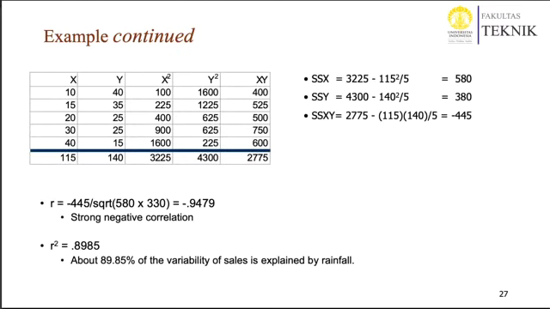Here the R value is negative 0.9479, which is a strong negative correlation, and the R squared is equal to 0.8985, which is equal to 89.85% of the variability of sales is explained by rainfall.